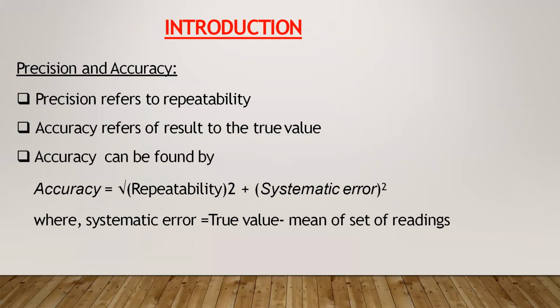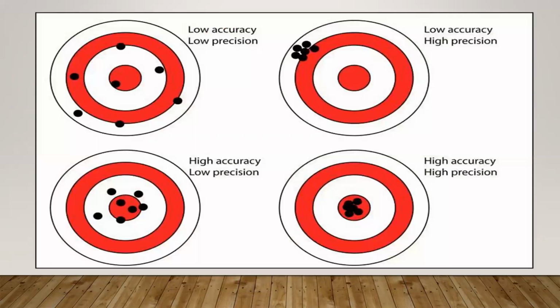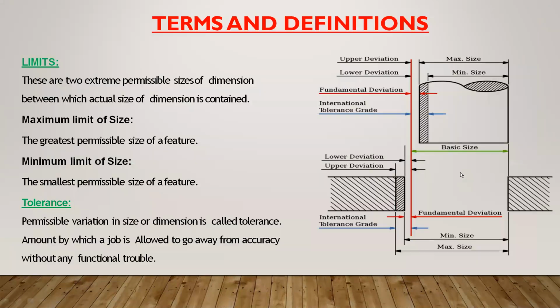Based upon the selected fits, we are going to design the limits and fits. Next, we went through different terms, that is, precision and accuracy. A good example for accuracy and precision is a dartboard with stamping on it. We have seen low accuracy low precision, low accuracy high precision, high accuracy low precision, and high accuracy high precision.